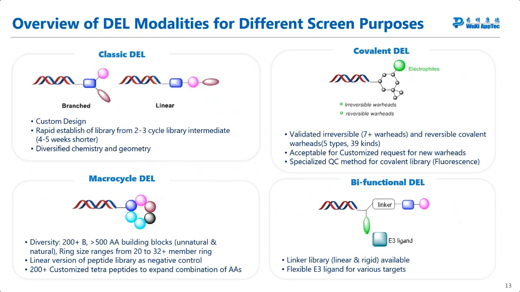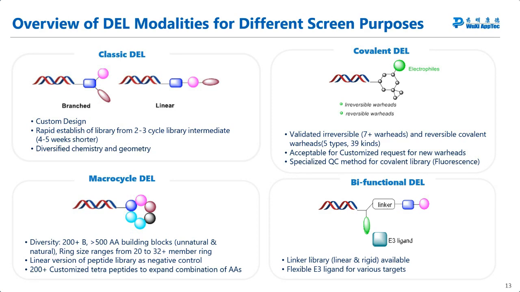So, with this technology, we have synthesized several hundred billion DAL molecules, classified them into distinct business models tailored to meet our clients' diverse needs. This slide offers an overview of our DAL modalities designed for different screening purposes.